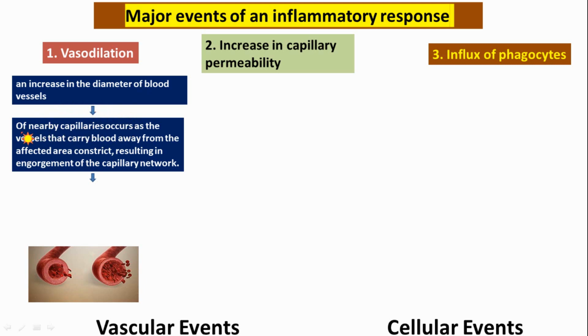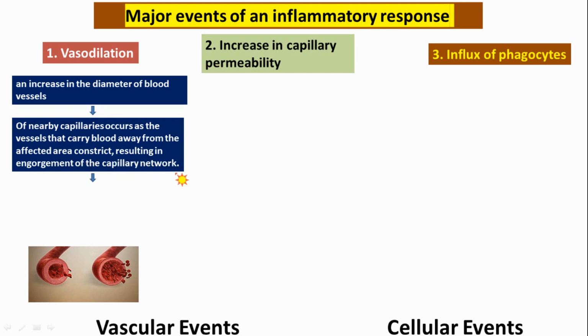Now, dilation of nearby capillaries occurs as the vessels that carry blood away from the affected area constrict. The vessels which are carrying blood away from the affected area constrict, meaning they narrow down, and because of that constriction, the capillary network becomes engorged.